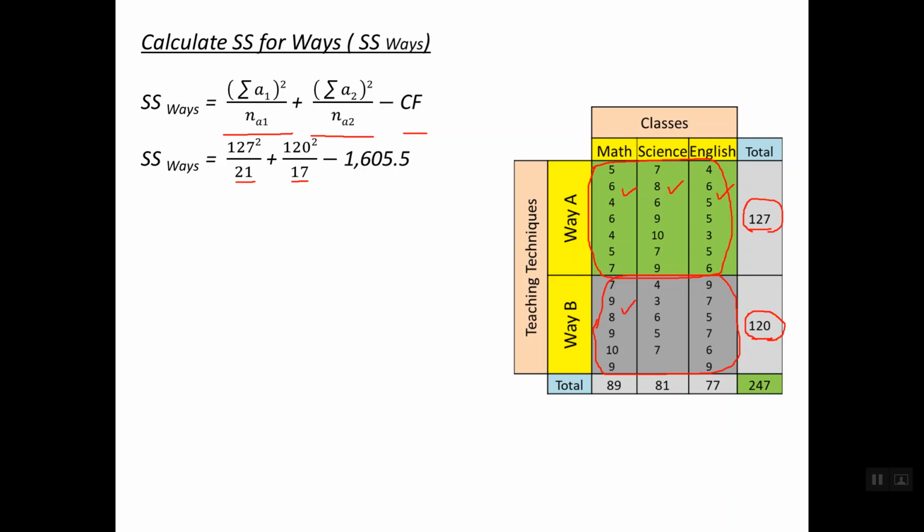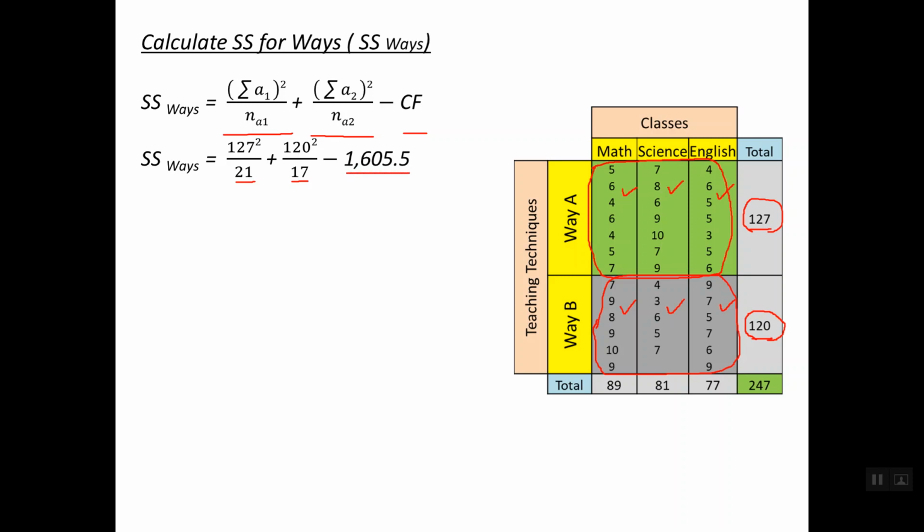For this group we have 6 observations, for the science we have 5, and for the English we have 6 observations. So 6 plus 5 plus 6 is equal to 17.